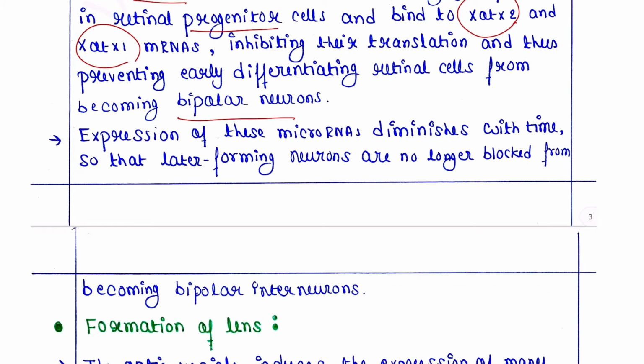Now, expression of these microRNAs diminishes with time, so that later forming neurons are no longer blocked from becoming bipolar interneurons.